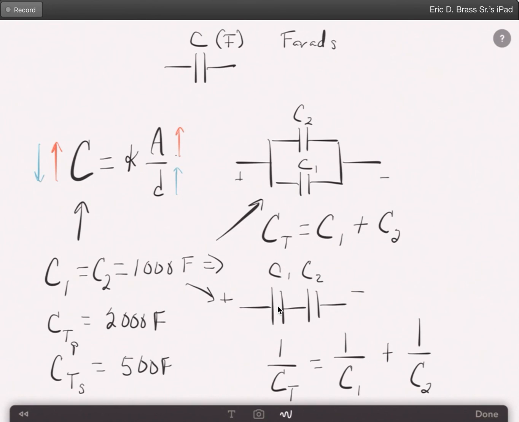It might be best to have one capacitor that meets your specifications, but if you don't have that and resources don't allow, then you go to Radio Shack, pick up a bag of capacitors, make sure they have the ones you need based on your theoretical calculations, and put that into your circuit, and you'll have the capacitor you need. There might be some other things that go along with that. So this is what we want to derive, and we're going to derive this in just a second.